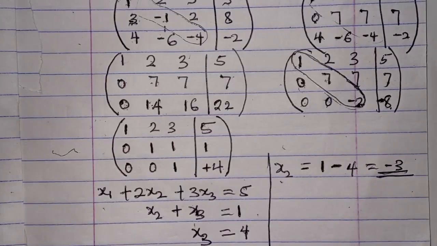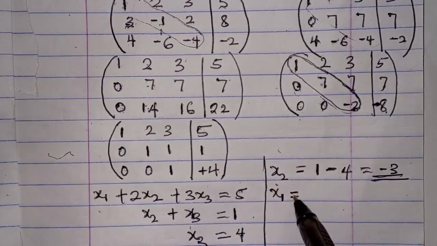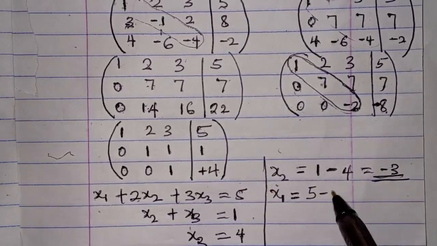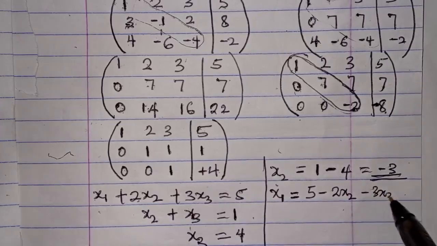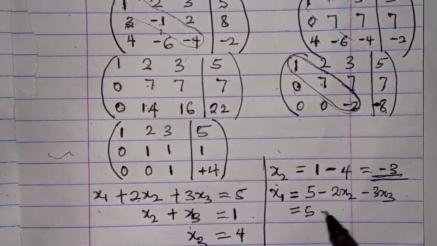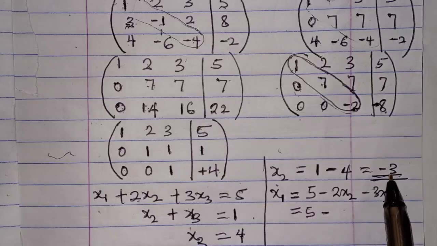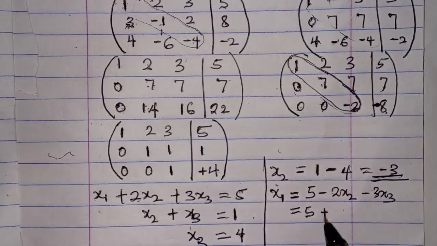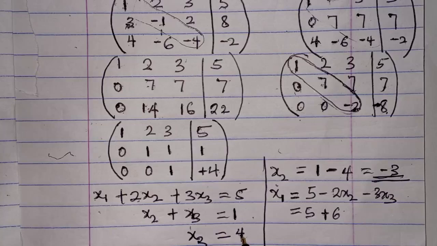What will now be x1? x1 from this equation 1 is 5 minus 2x2 minus 3x3. Remember that x2 is already minus 3, right? So minus 2 times minus 3 is plus 6. x3 is 4.